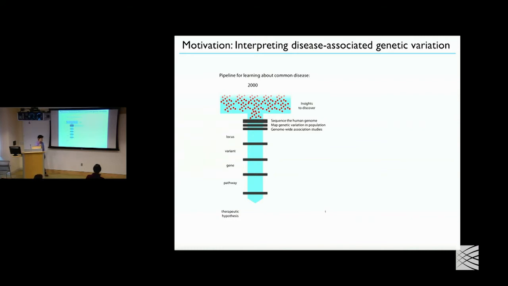Starting with the sequencing of the Human Genome and the Human Genome Project, which of course Eric was very involved with at its inception 30 years ago. The idea was that by understanding the genes that are mutated in people with diseases, we can understand and narrow in on the molecular basis for disease.